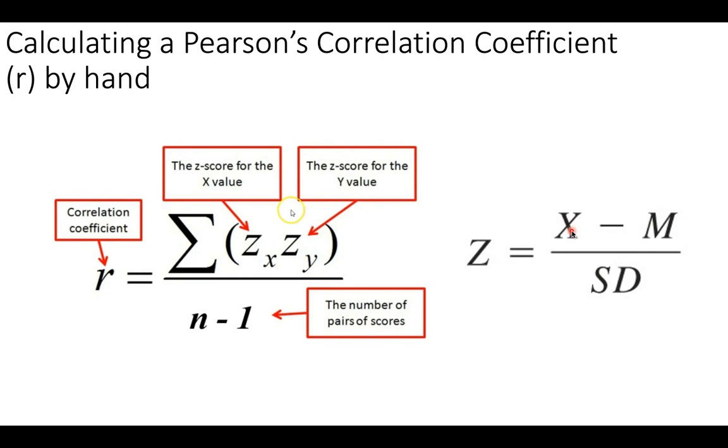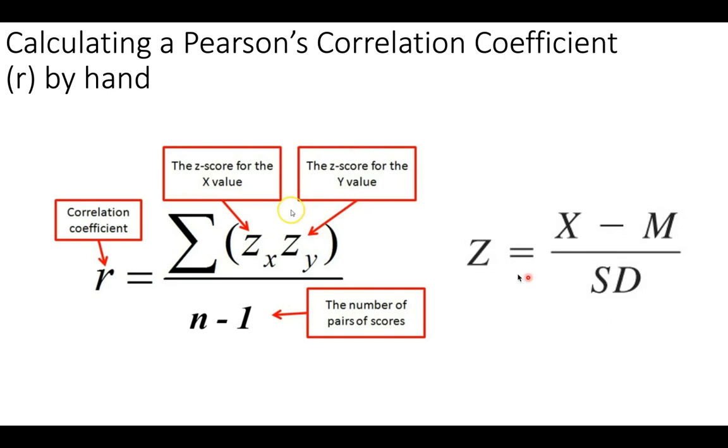Are you below the mean but very far away from the mean? That would be a negative Z-score. Are you above the mean but very close to the mean, meaning a small positive Z-score? Or are you greater than the mean and very extreme from the mean? That would be a large positive Z-score, right?